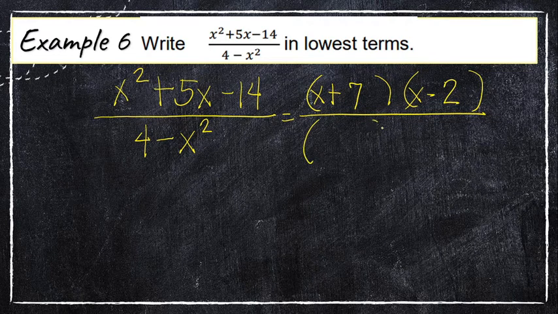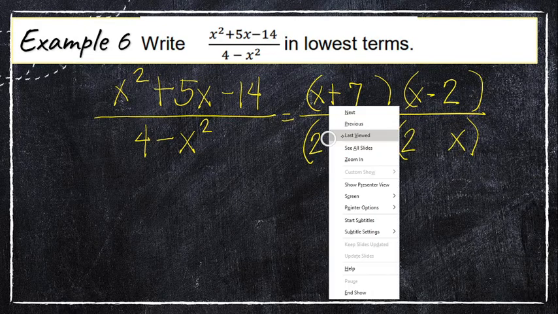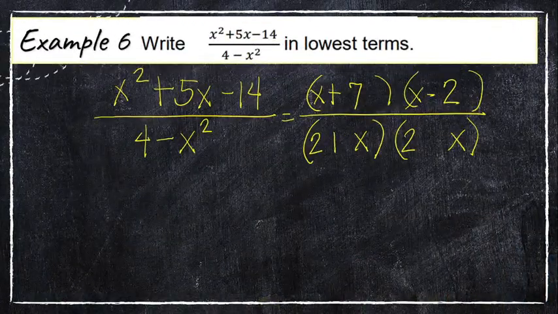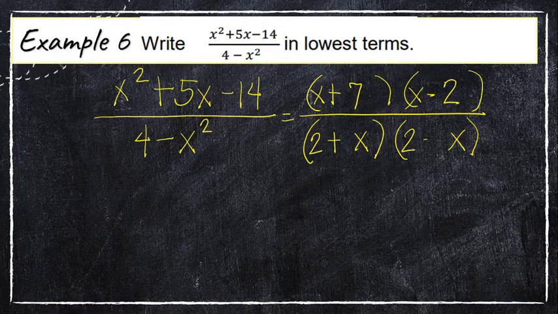Next is factor 4 minus x squared using difference of two squares. Get the square root of 4 and x squared. We have here 2 and x. Then one plus and one negative. Since we have here factors that are almost the same but opposite signs, and that is x minus 2 and 2 minus x, we're going to multiply here by negative 1.